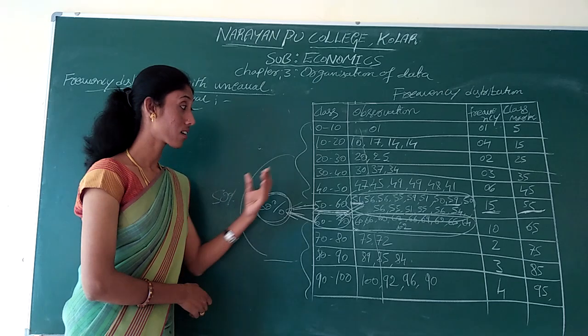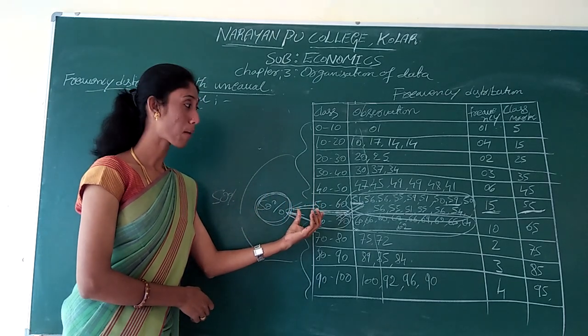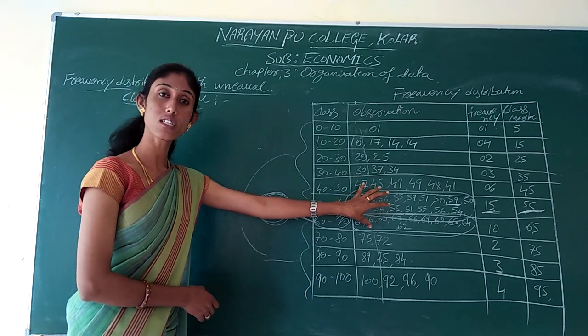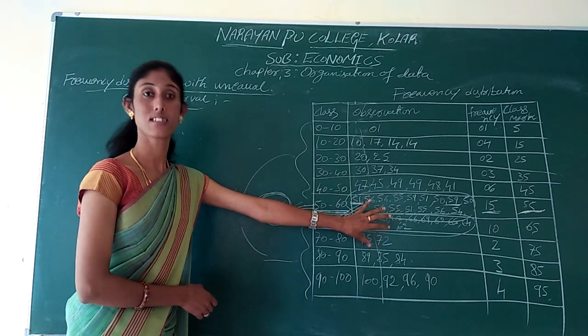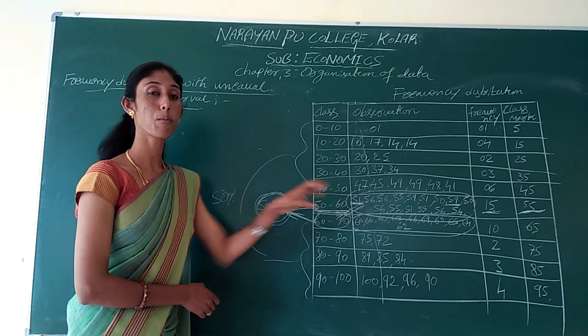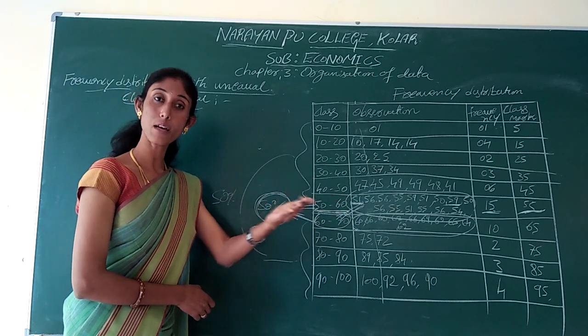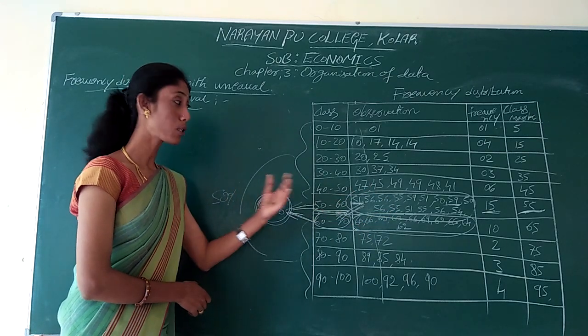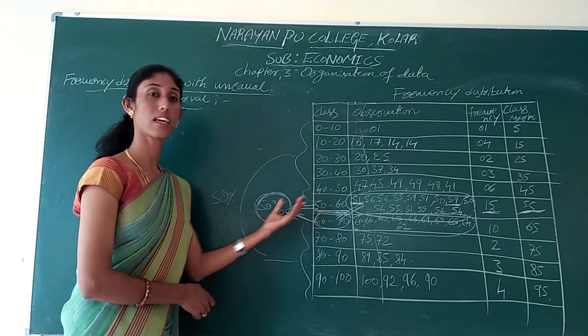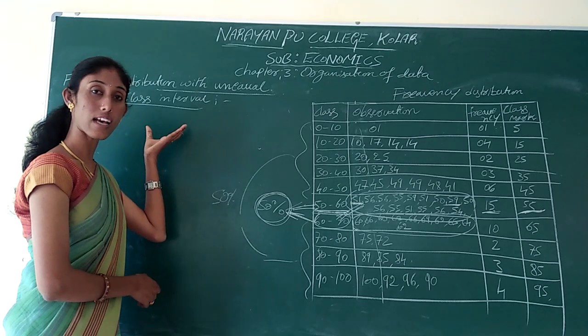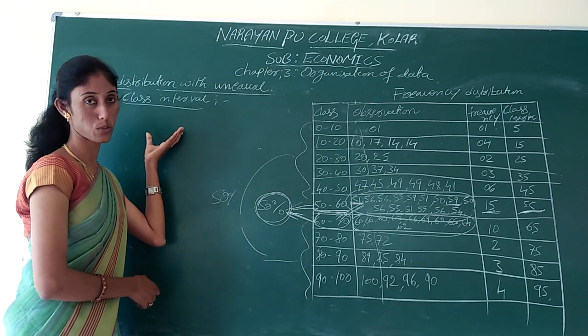With equal class interval, there will be more concentration of values in one or two classes, and then it won't give a proper analysis in the further steps. In these cases, unequal class interval is more suitable.